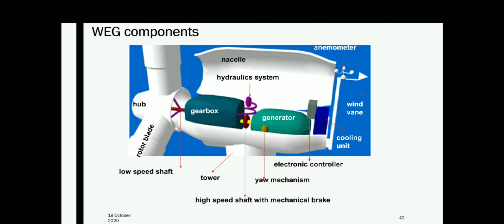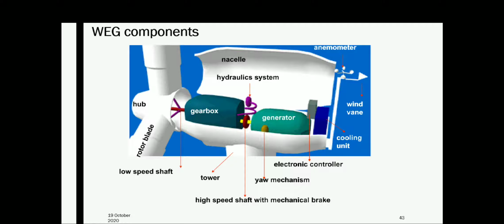This kinetic energy is transferred to the induction generator in order to convert it into electrical energy. The generator shaft is driven by the wind turbine to generate the electric power.